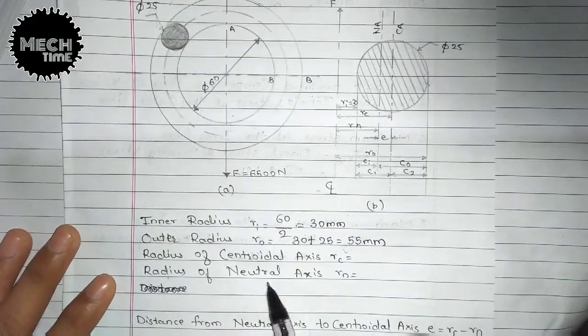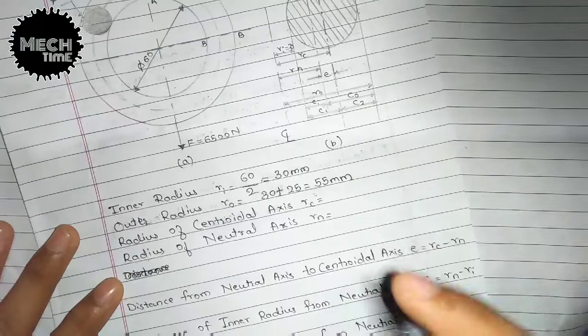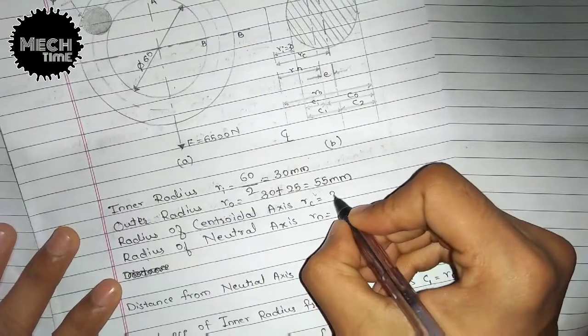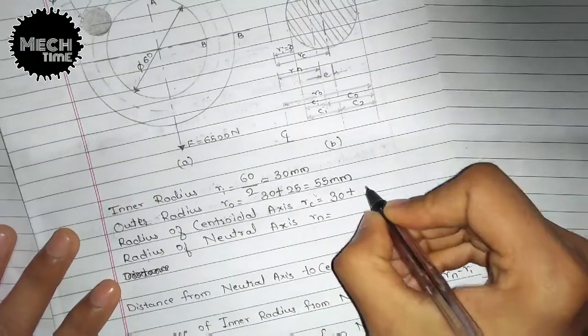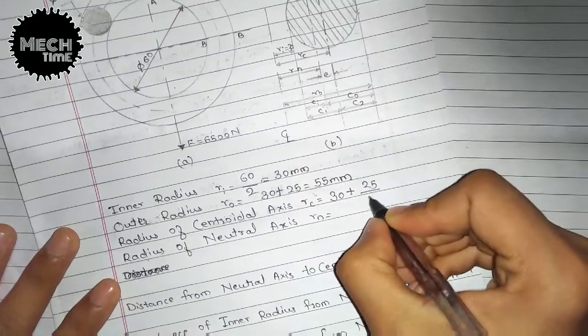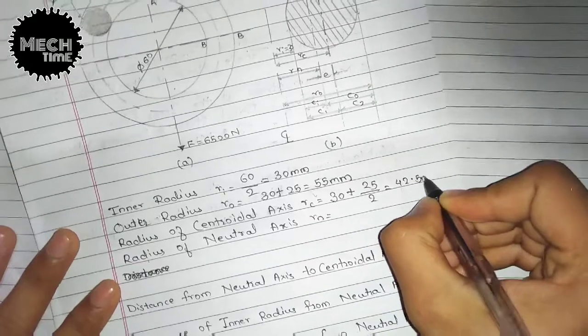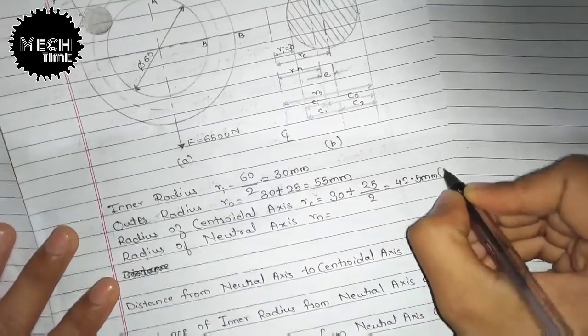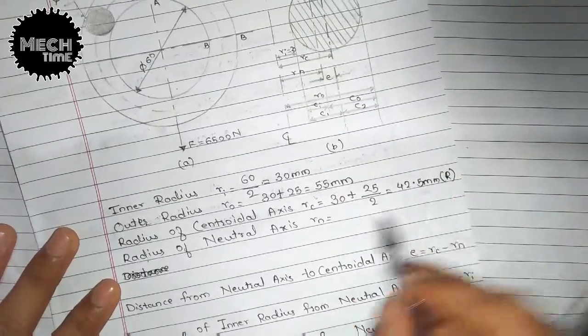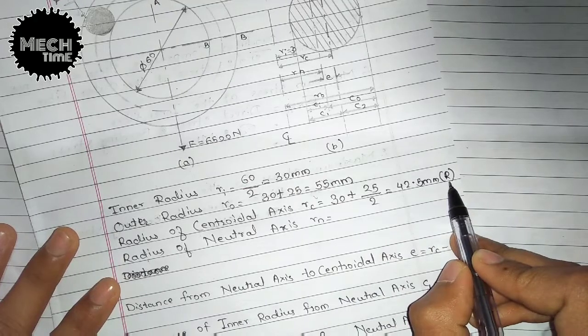Now the radius of the centroidal axis is nothing but 30 plus 25 by 2, that is 42.5 mm. It is also known as R; you can indicate this term in terms of capital R.